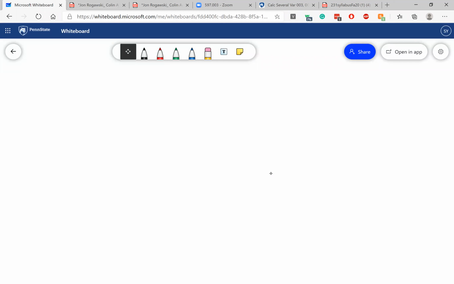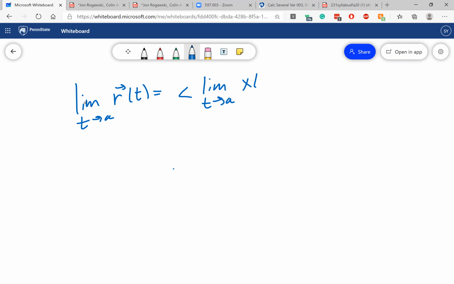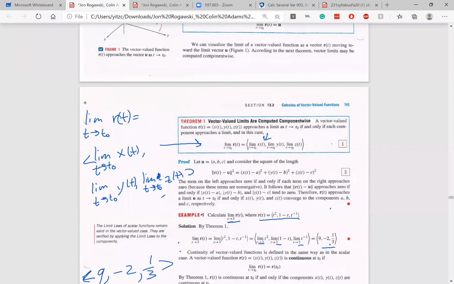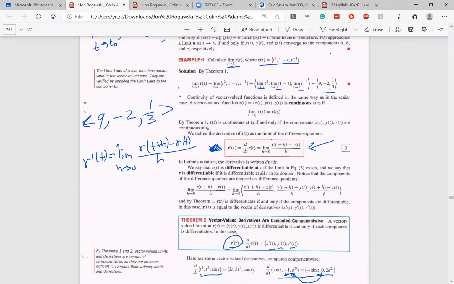So the limit as t goes to a of r of t, where r of t is a vector, is equal to putting the limit inside each component. And then we did a problem with limits.